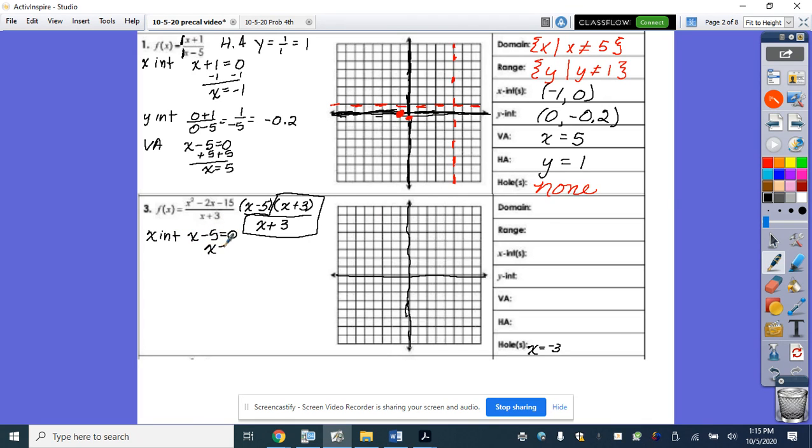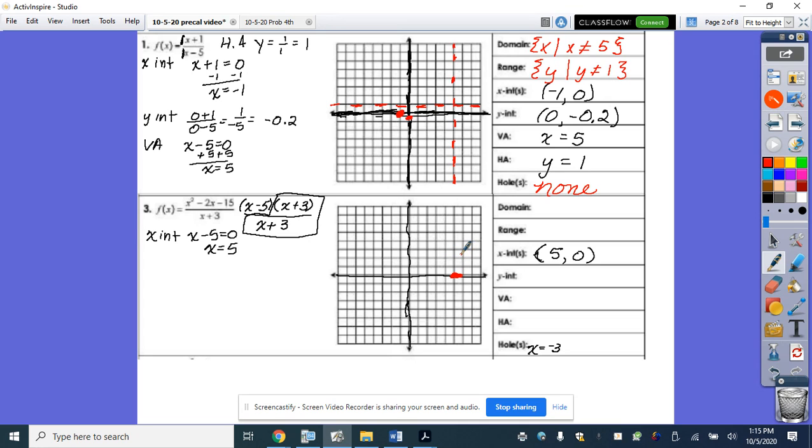So I have an x-intercept at 5. So I have 5, 0. So put a dot. 1, 2, 4, 5. I better not go too far.